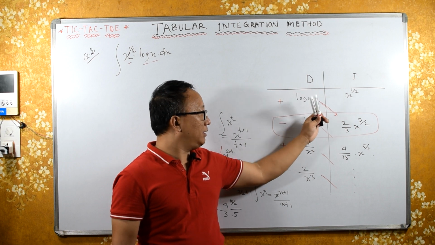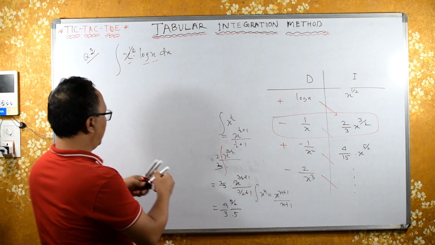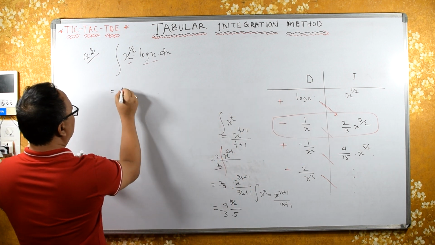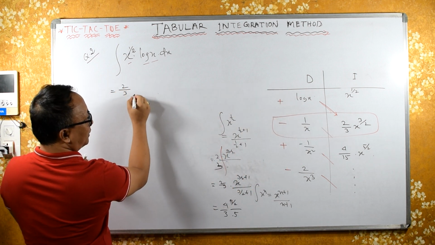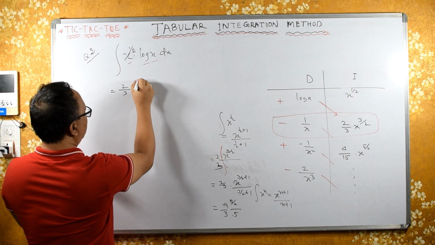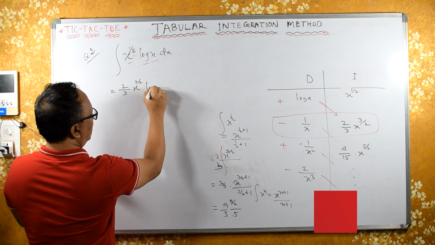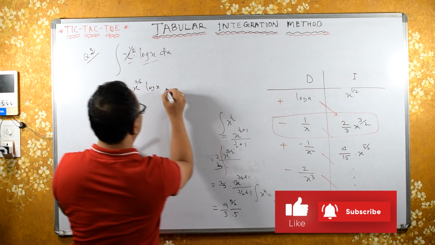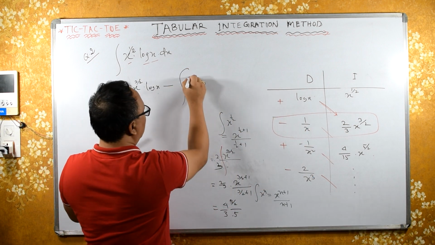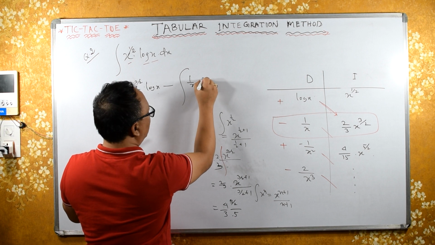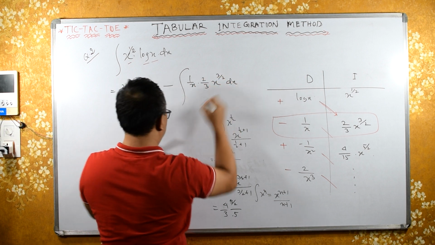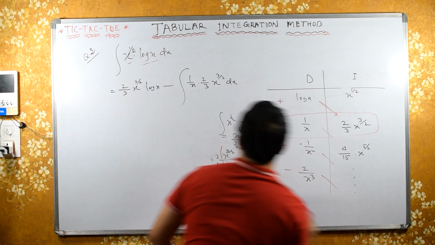In this case we'll multiply these two. This into this is 2 by 3 x raised to 3 by 2 into log of x. This into this, we have minus the integral of 1 by x into 2 by 3 x raised to 3 by 2 dx. Now let's remove this.